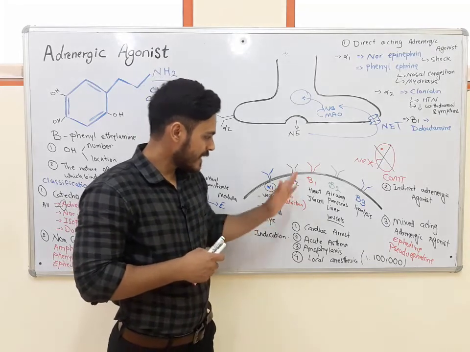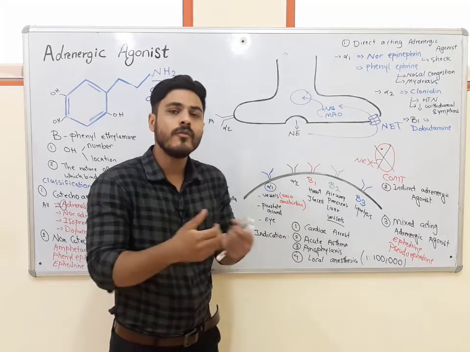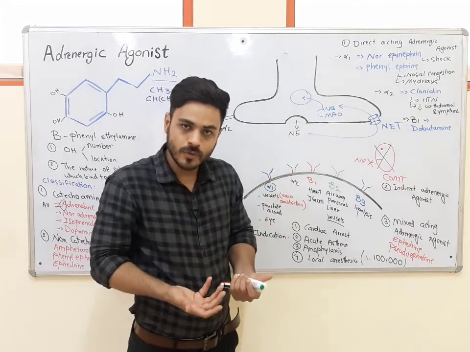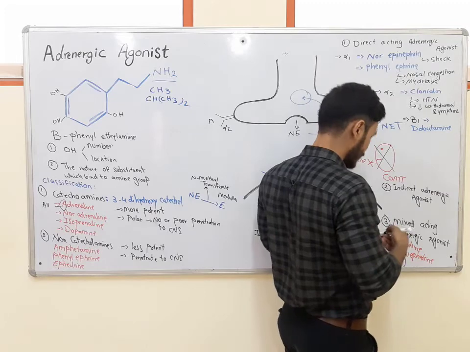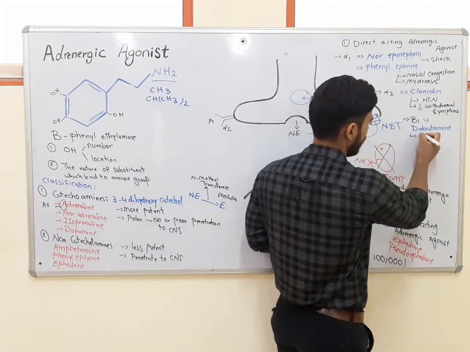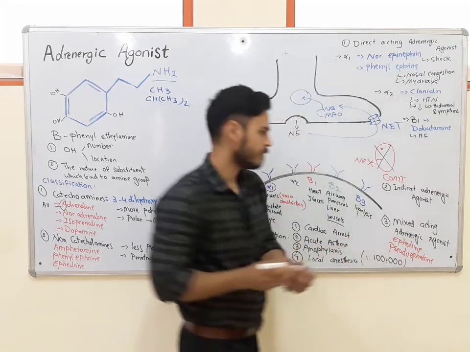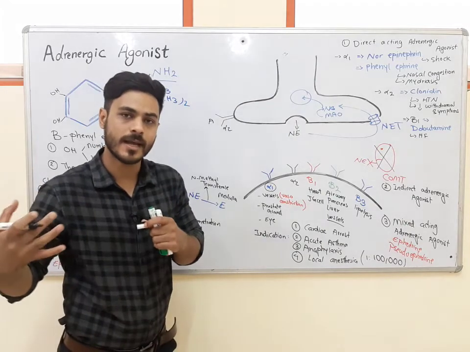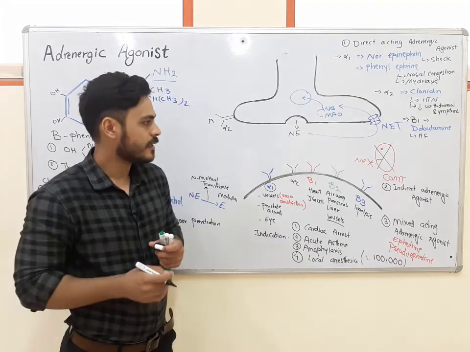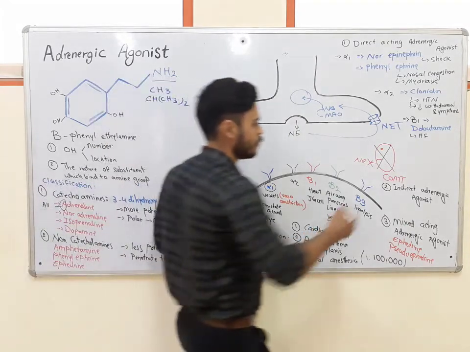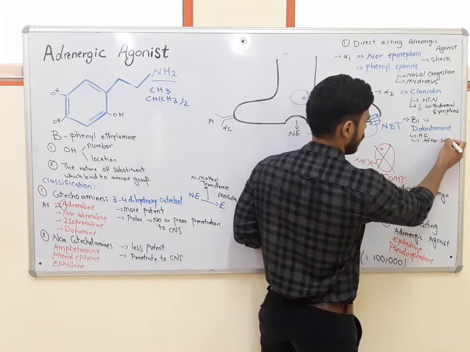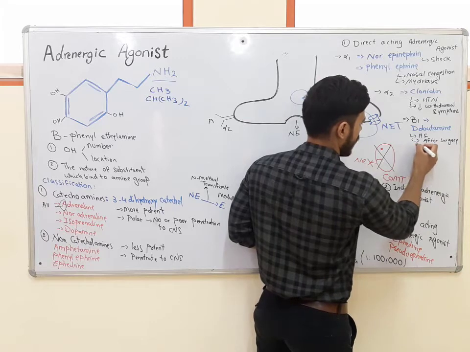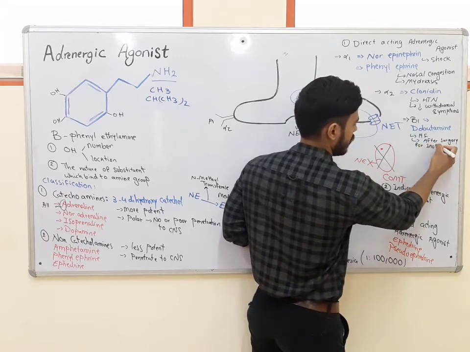So when do we want to increase the cardiac output? In heart failure. So we can use dobutamine for treatment of heart failure, as well as for inotropic support after surgery.